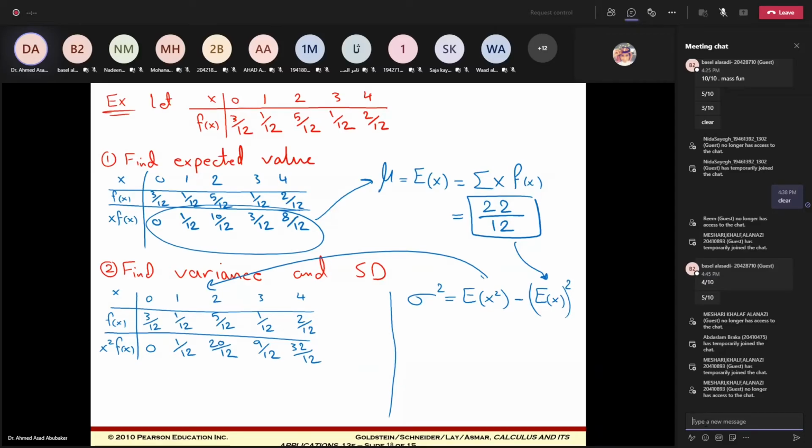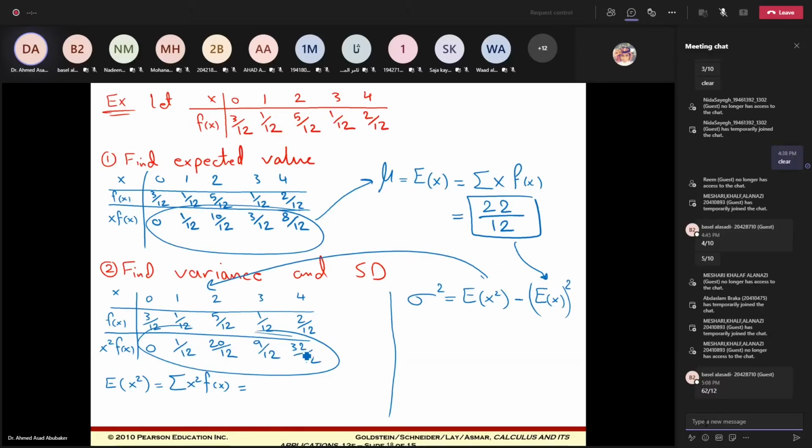So from the summation of this one we can find E(X square), which is the summation of x square f of x. This is equal to 1 plus 20 plus 9 is 30, plus 32, 62 over 12. This one is used here. So the variance equals 62 over 12 minus E(X), 22 over 12, square.